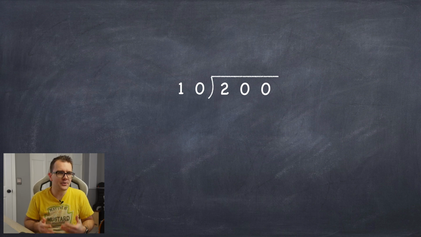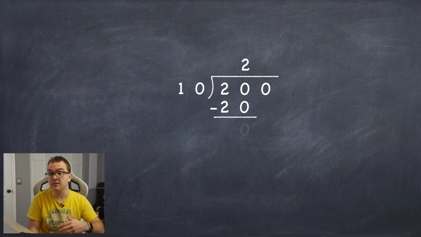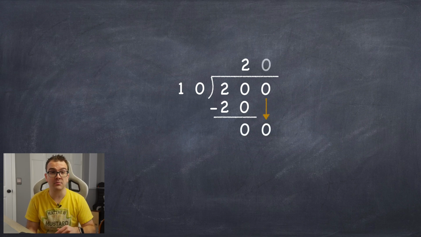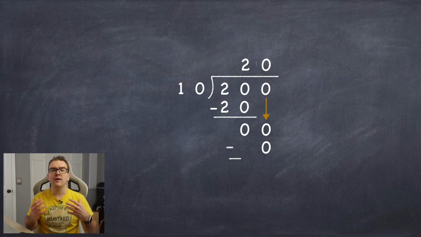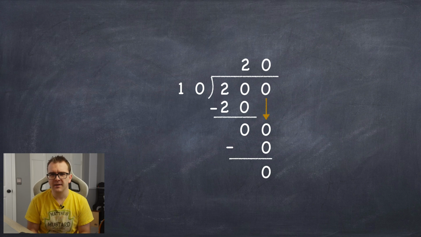Now we know 2 cannot be divided by 10 evenly, right? But 20 can be divided by 10 2 times. So 2 times 10 is 20. 20 minus 20 is 0. Let's bring down the next number to the answer from the subtraction problem, and if we keep going, our answer is 20. So 200 divided by 10 is 20 with no remainders.